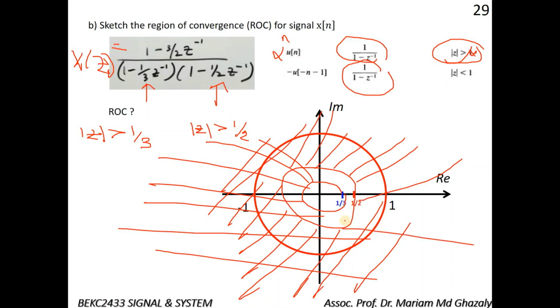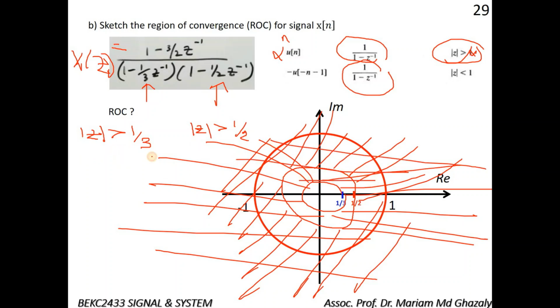Just to look at both ROCs just now, this one and this one, which area is where both are overlapping? The area which is overlapping is this z more than 1 over 2, right?